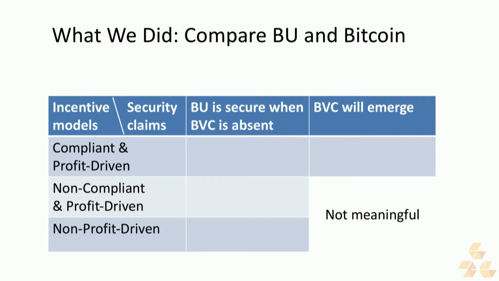The 2 claims are BU is secure when BVC is absent, and BVC will emerge. And the incentive models are compliant and profit-driven, non-compliant and profit-driven, and non-profit-driven. As we said before, discussing whether BVC will emerge under attack is not very meaningful.